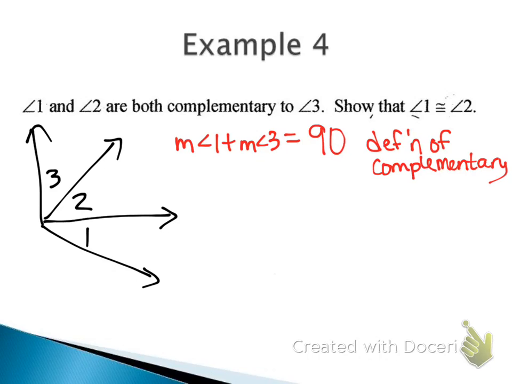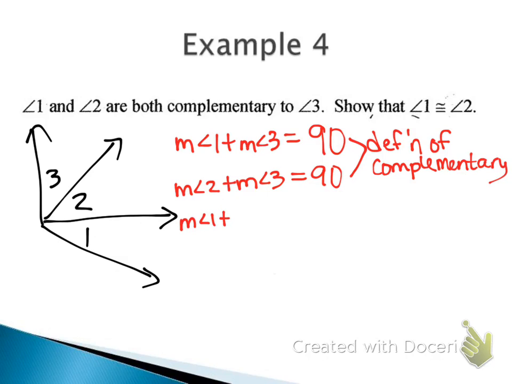Okay, so we've dealt with angle 1, but they told us angle 2 is also complementary to angle 3. So I can also say that the measure of angle 2 plus the measure of angle 3 is equal to 90. So these have the same reason. Both of them are by the definition of complementary. The next part is the one that gets a little weird for some people, because usually in algebra we would go in a different direction, but if both of these are equal to 90, then that means we can set them equal to each other.